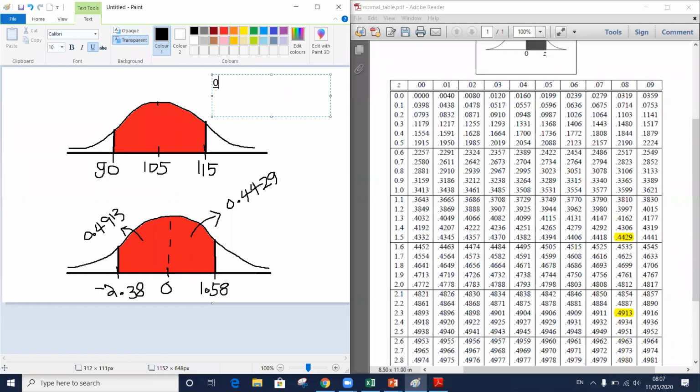need to do here? Right? We need to add these two, 0.4429 plus 0.4913. Right? What should be the value? 0.9342. Right? 0.9342.